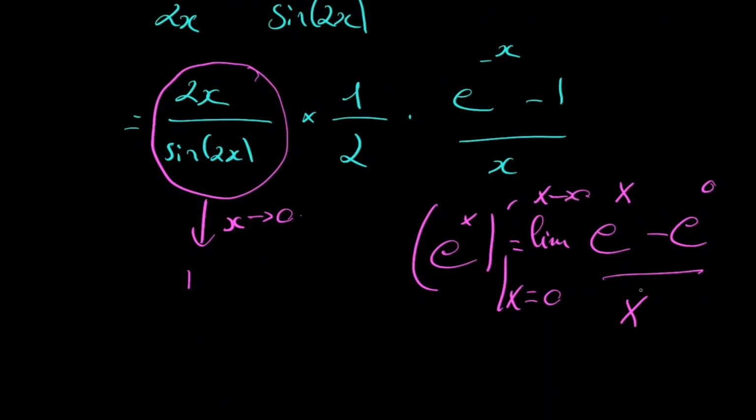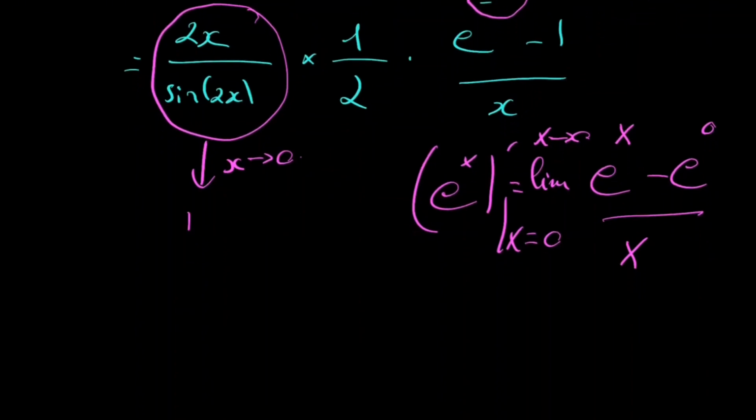To have something like that, we have to make a little change of variables where we put capital X equal to minus x, because we want to have an X in the exponential. So let's do it.